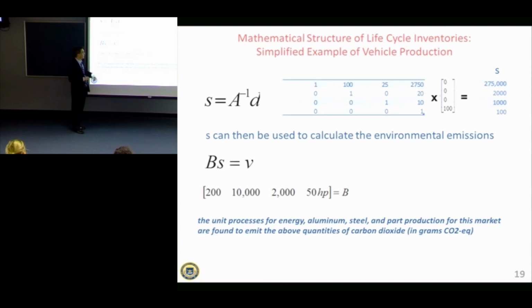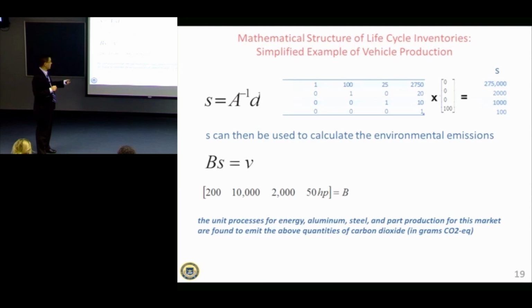Remember we have 4 processes here that I haven't listed at the top like I should have. They're energy, aluminum, steel, and machining. Those are the 4. So we've got 4 quantities here. And 50 times the horsepower is the grams of CO2 equivalent per functional unit.